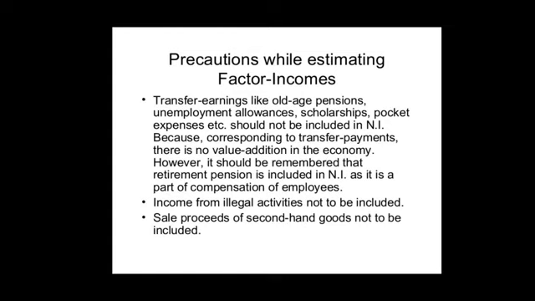However, it should be remembered that retirement pension is included in national income as it is a part of compensation of employees. So we can say that only factor incomes which are earned by rendering productive services are included in the estimate of national income.